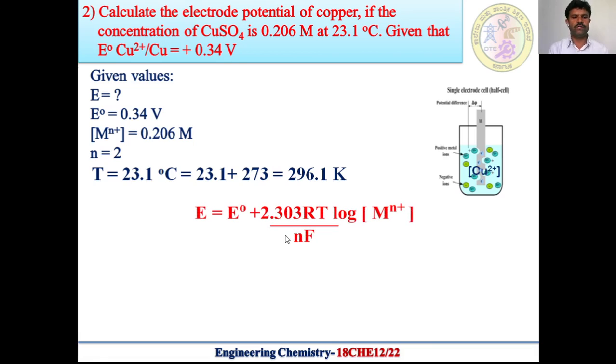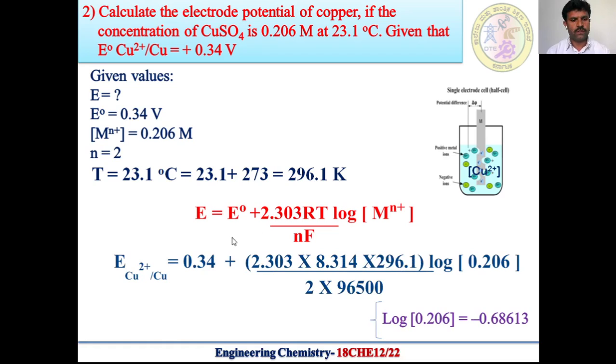The suitable Nernst equation for single electrode is E is equal to E naught plus 2.303 RT divided by NF log of concentration of metal ions. So let's substitute the given values. The E naught value is 0.34 plus 2.303 into the value of R is 8.314 into the T value 296.1 divided by value of N is equal to 2 into value of F is 96,500 log of the concentration of the solution is 0.206 and its value minus 0.68613.